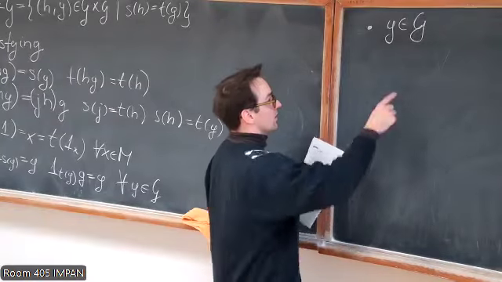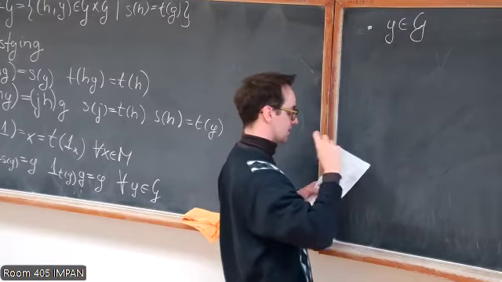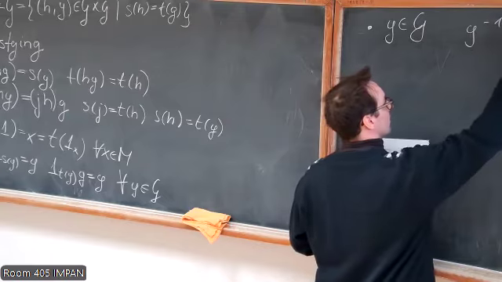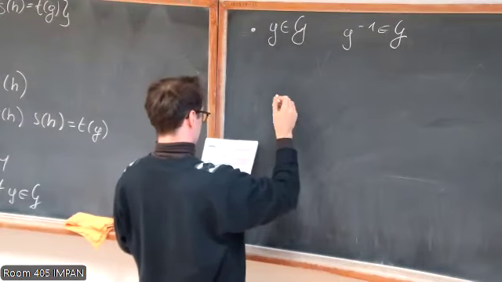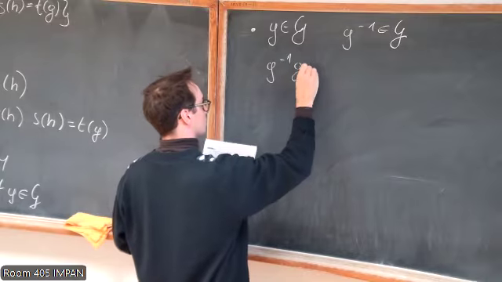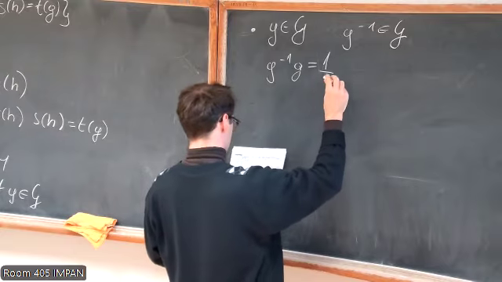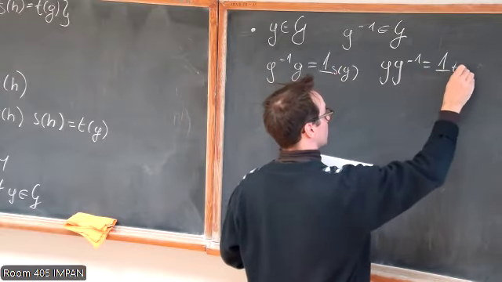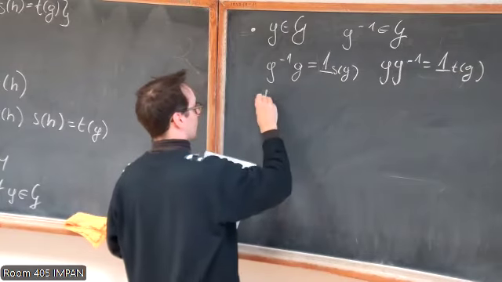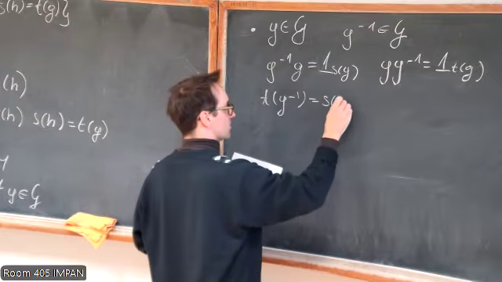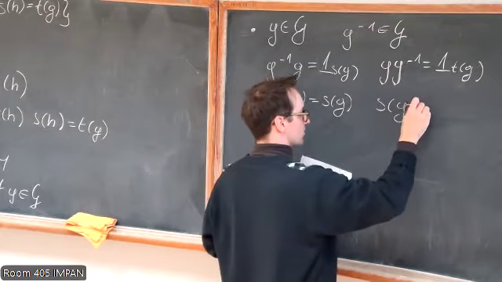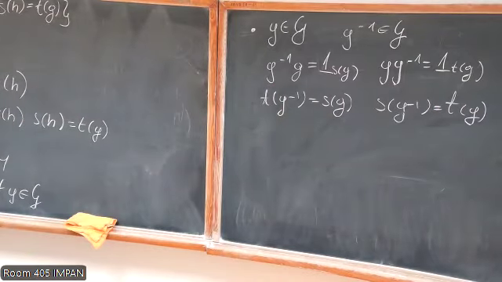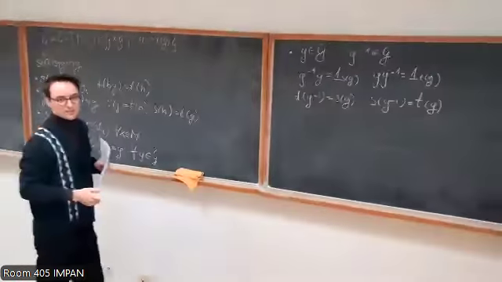Okay, so for each g in G there exists a two-sided inverse, which means an inverse g minus 1 in G such that g times g minus 1 is the identity on the target of g, and g minus 1 times g is the identity on the source of g, and the target of g minus 1 is the source of g, and the source of g minus 1 is equal to the target of g.